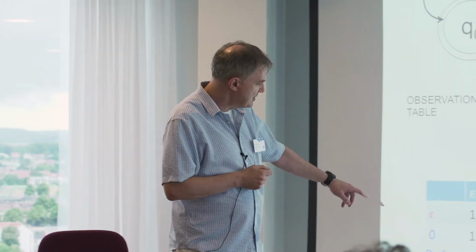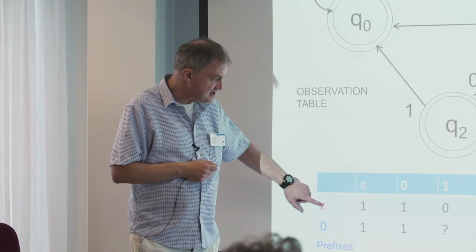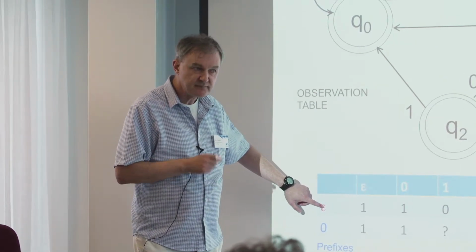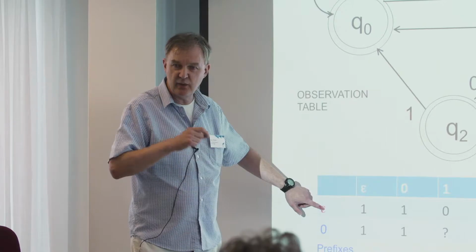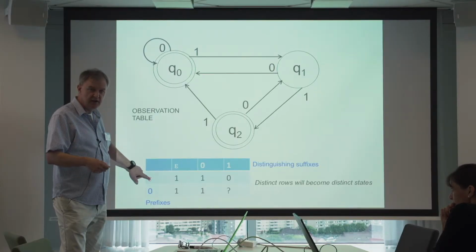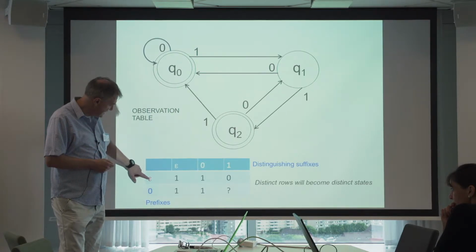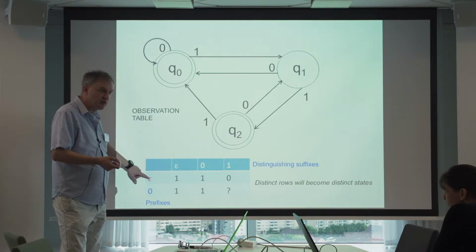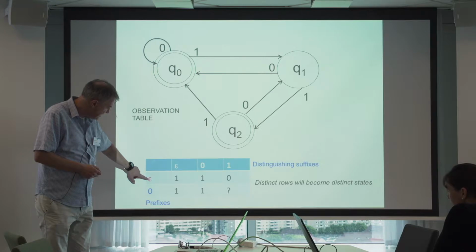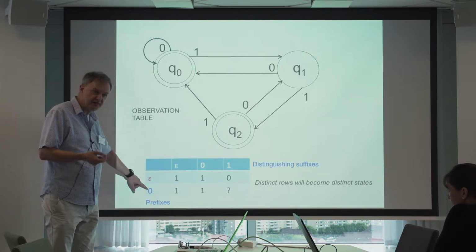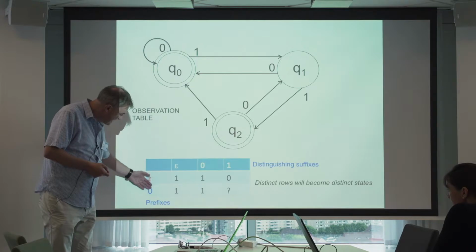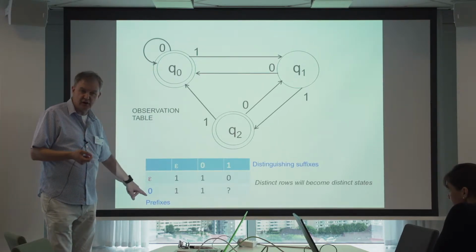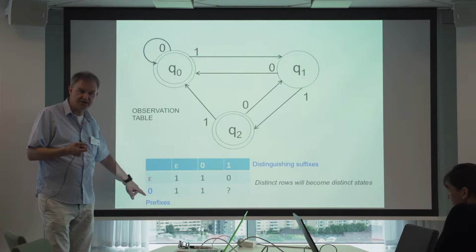And why do we need that one symbol extension? Because if epsilon is going to be a state when I build my model, I need to know for that state where I will go inside the model when I feed in an extra symbol. So if I'm in the state epsilon and you give me a 0, I have to jump to another state. Which state will I jump to? Well, I can take the string epsilon, concatenate it with that one symbol, and look down the table. Since there are blue prefixes, there is a one symbol extension.